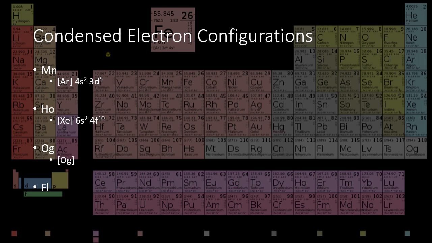And we go back up here. 6d all the way across, 10, or sorry, 5f14, 6d10, and then we have 1, 2. So this would be 7p2. All right, so that was a bit of a trip, but hopefully not too bad.